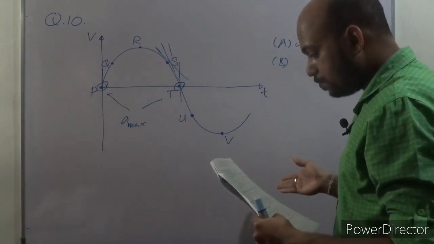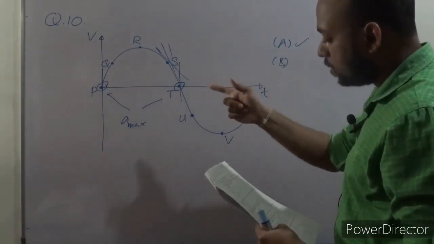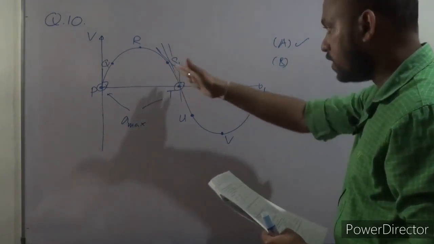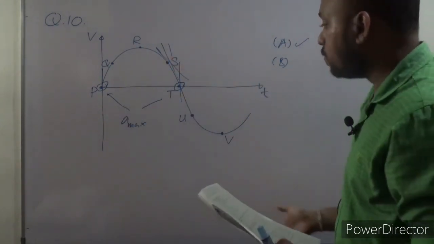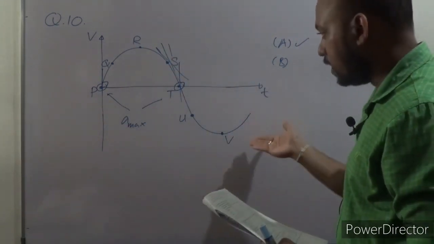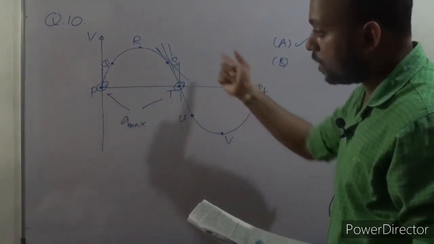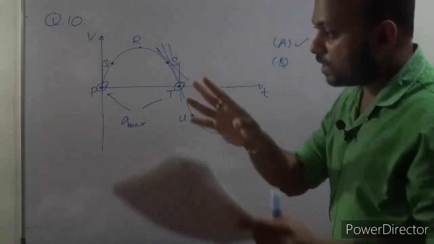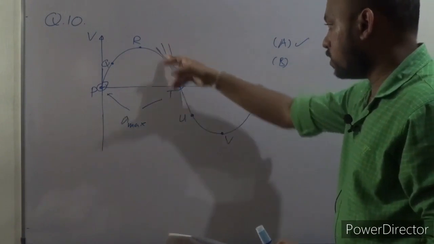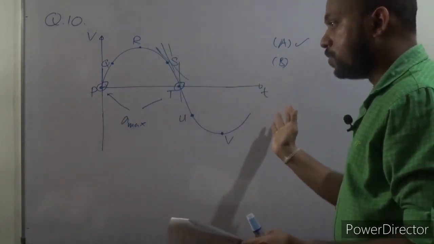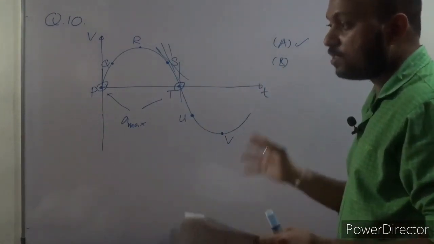So when moving S to T, the gradient of the graph is minus. You can see this minus value, it makes an obtuse angle with the positive side of x. If the line makes an acute angle with the positive side of x, the sign of the gradient is plus. If it makes an obtuse angle, the sign of the gradient is minus.